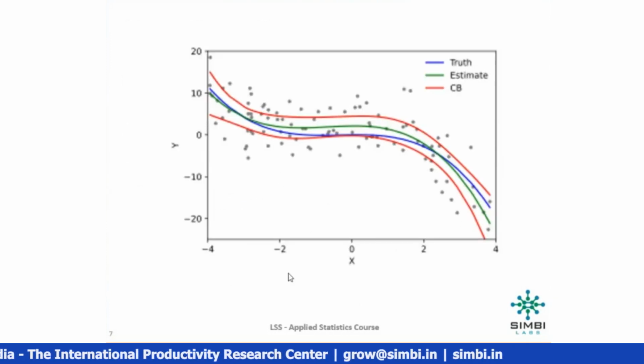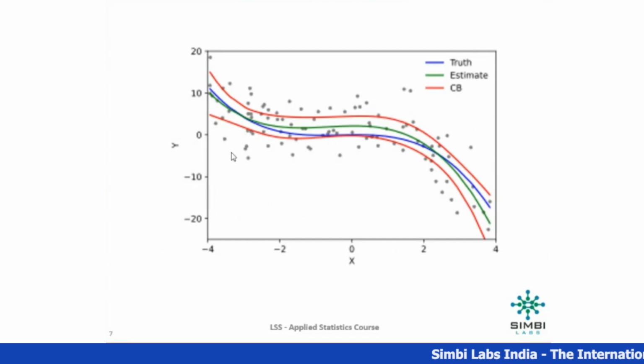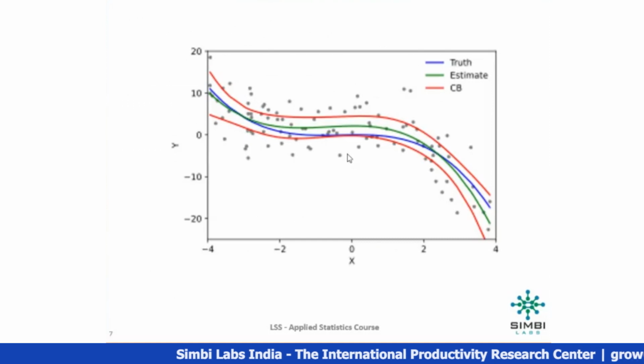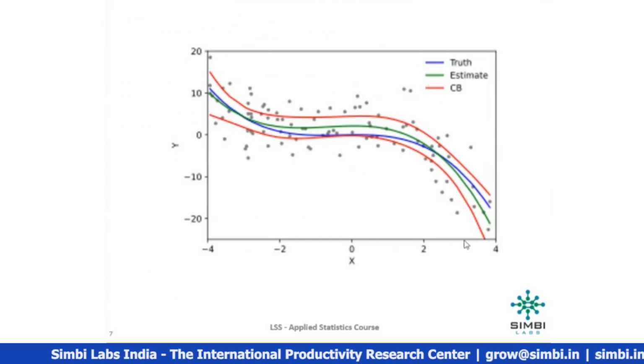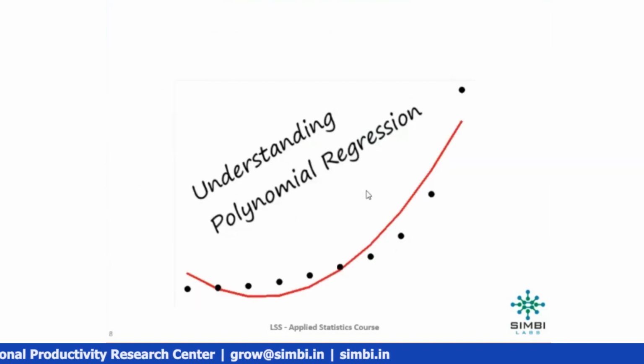Here we can see in the graph the dependent variable and the independent variable, where we consider the relationship between both variables, and we are modeling it as an nth degree polynomial in x. For that purpose we use polynomial regression.